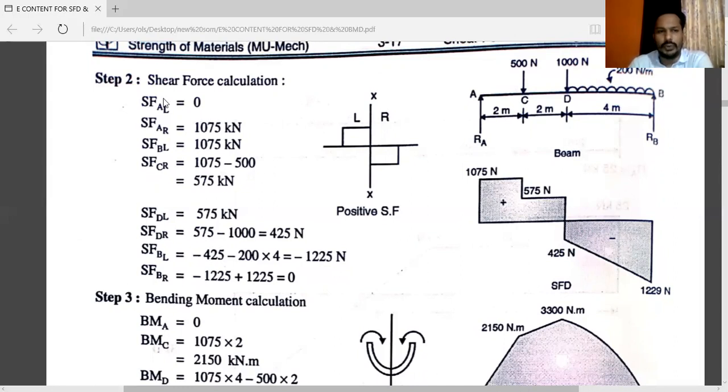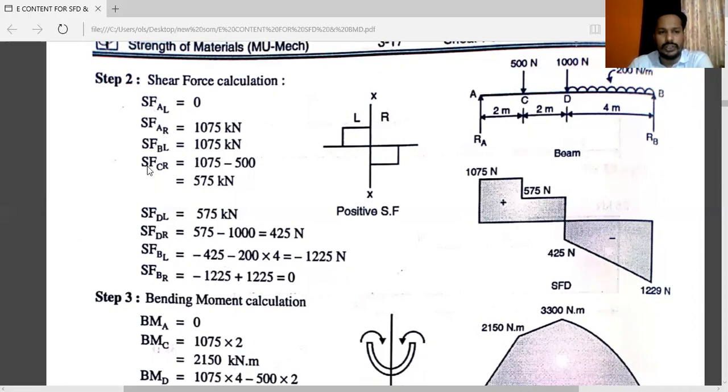After A, there will be a C. So do the correction, shear force at point C just to the left here. See the cursor location.